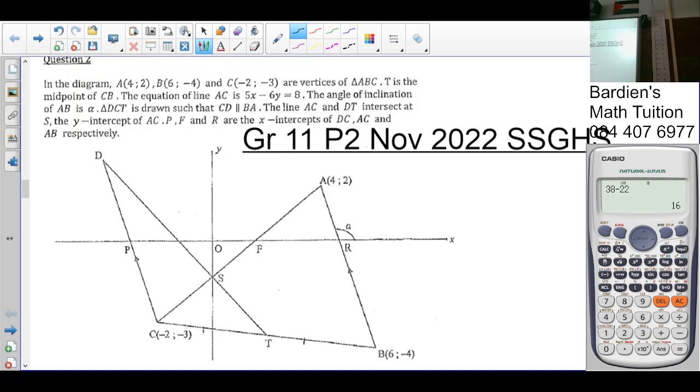T is the midpoint of CB. The equation of line AC is 5x minus 6y equals 8. The angle of inclination of AB is alpha. Triangle DCT is drawn such that these lines are parallel.